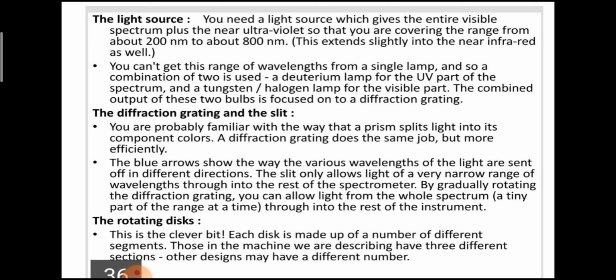The slit only allows light of a very narrow range of wavelengths through into the rest of the spectrometer. By gradually rotating the diffraction grating, you can allow light from the whole spectrum through into the rest of the instrument.